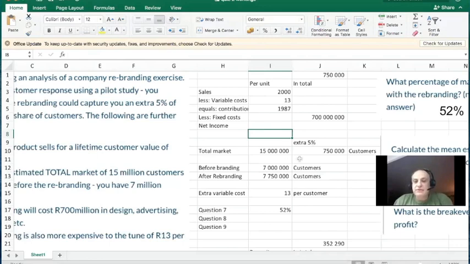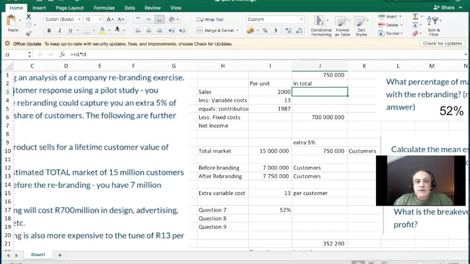This is in total. And so what I do over here is I now say, if I've got an extra 5% of that 15 million, that means I've got 750,000 customers. Each customer is going to give me a lifetime income of 2,000.